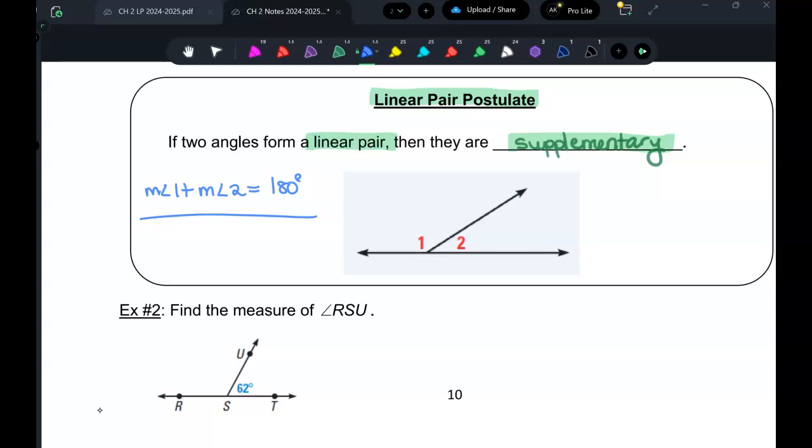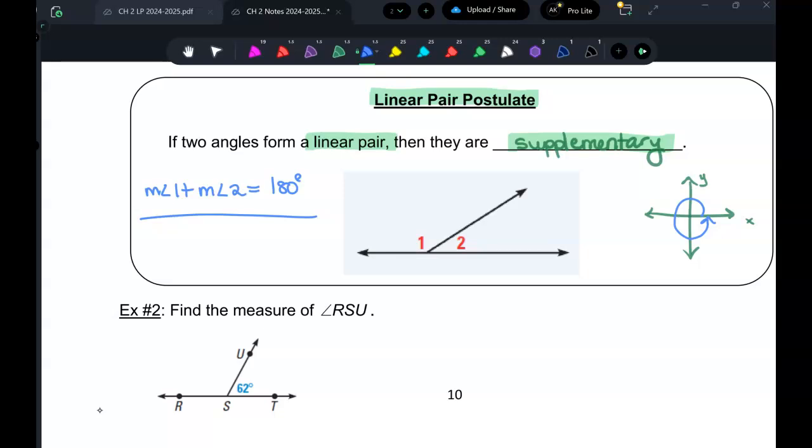Think about if you had a coordinate plane, like back in algebra or pre-algebra. We call this a coordinate plane with an x and a y axis. If you were to go all the way around a circle, how many degrees is that? 360 degrees.